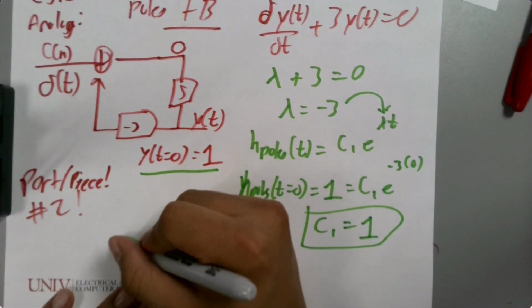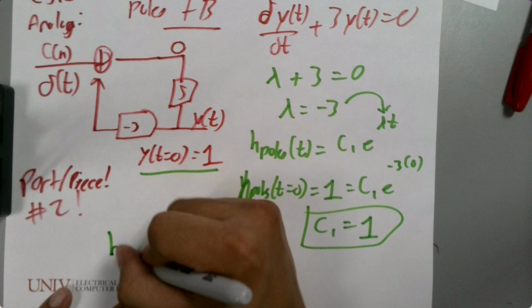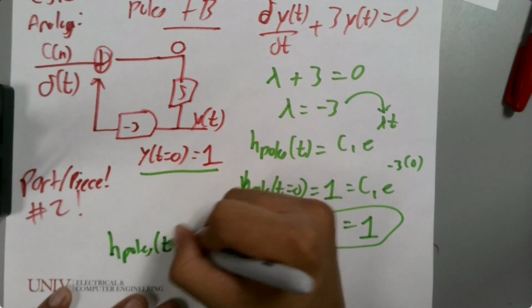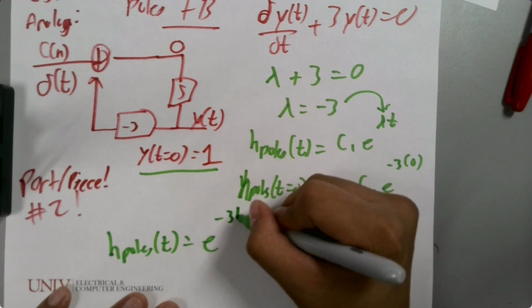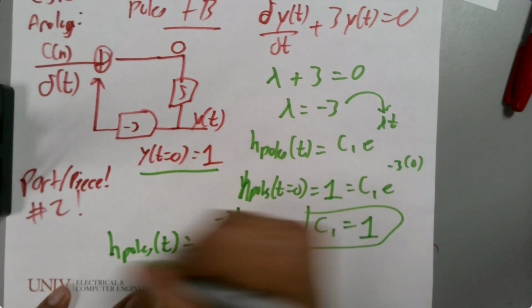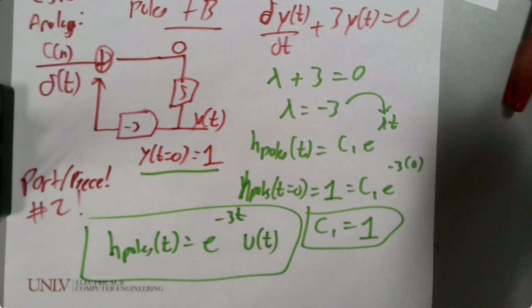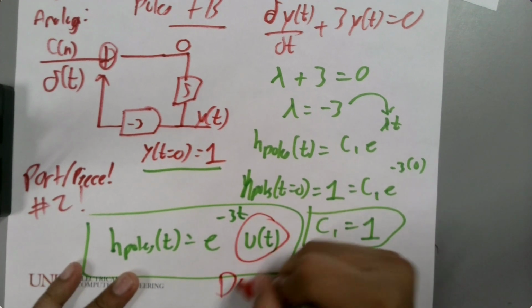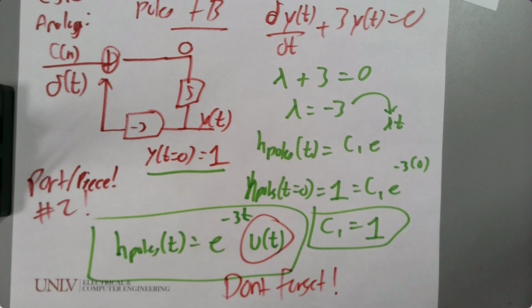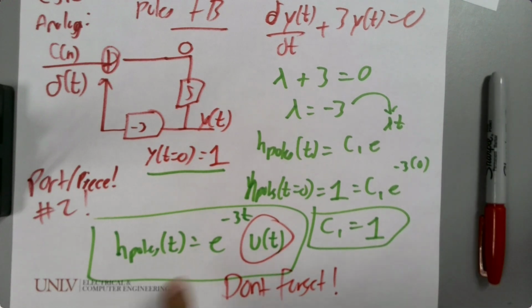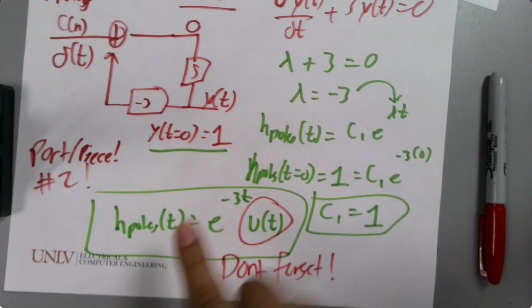Now tell me, what is your impulse response of the poles? C1, or I mean 1, times e to the -3t. Do not forget this. Got it? You just built the part. You're ready to put this wherever you want.